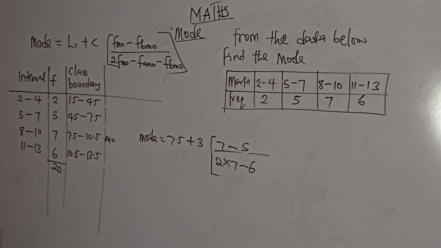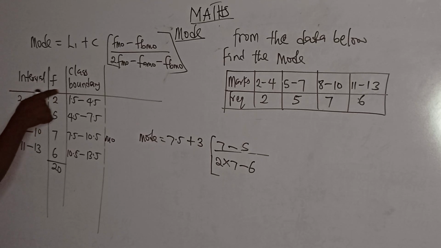If your modal class falls in this 6, for instance, if this 6 is the highest frequency, then the frequency after the modal class will be 0, because there is no class after. Likewise, if it falls in this 2, let us assume the highest frequency is this 2, the frequency before the modal class will be 0, because there is nothing before that one.